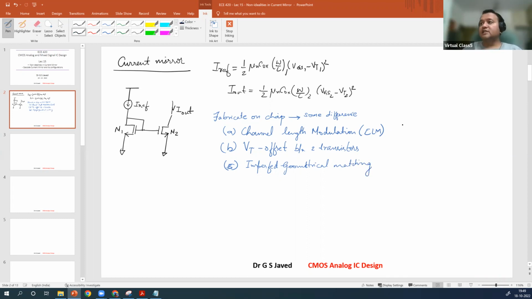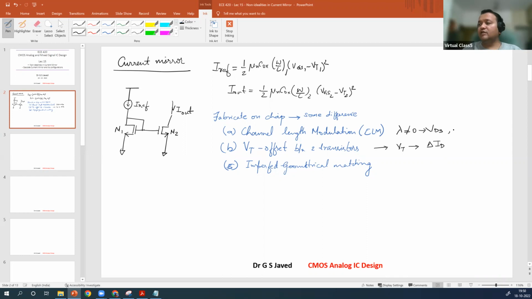The first challenge is CLM, which is called lambda. So your lambda is non-zero, and this will impact directly together with your VDS. Next, VT offset. What does VT offset do? VT offset difference will give different ID currents.